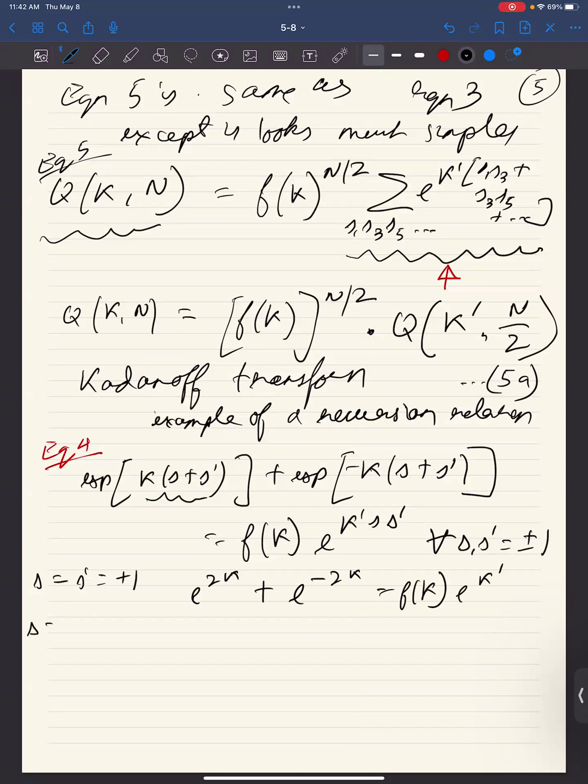Then we go to s equal to s prime equal to minus 1. What do we get in that case? s plus s prime is going to be 0. So e to the power 0, which is 1. Again, e to the power 0, which is 1. We get 2 is equal to f of k multiplied by e to the power minus k prime, right? We get 2 equations.